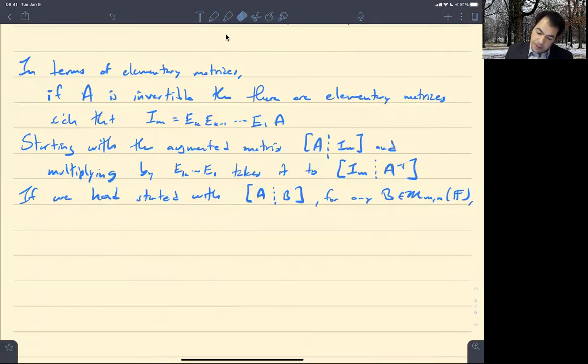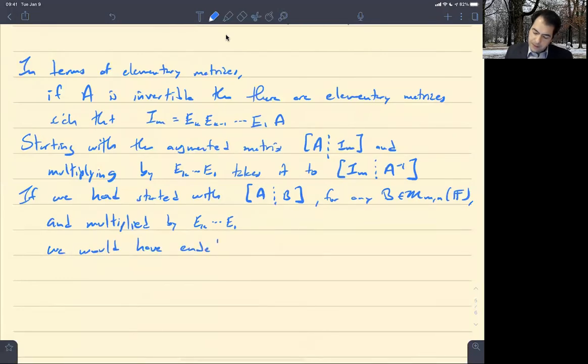And then multiplied by E_k to E_1, or if you like, put it into reduced row echelon form, then we would have ended up with I_m on the left and A inverse times B on the right.